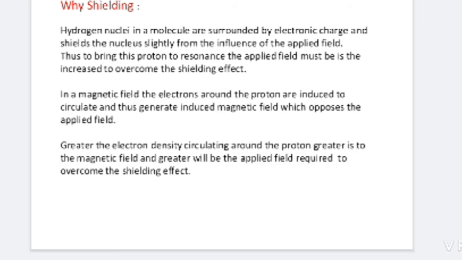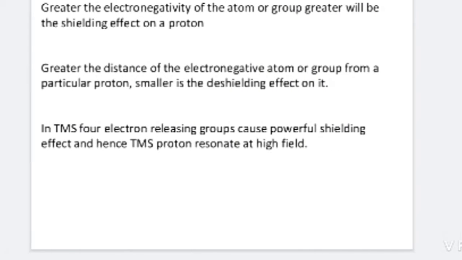In a magnetic field, the electrons around the proton are induced to circulate and thus generate an induced magnetic field, which opposes the applied field. Greater the electron density circulating around the proton, greater is the induced magnetic field and greater will be the applied field required to overcome the shielding effect.